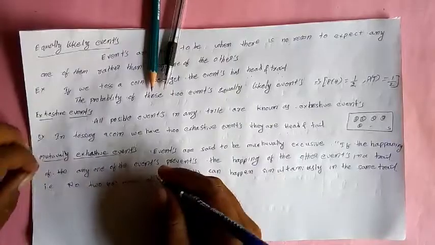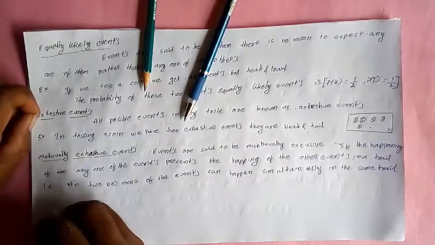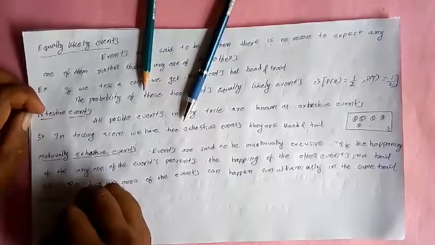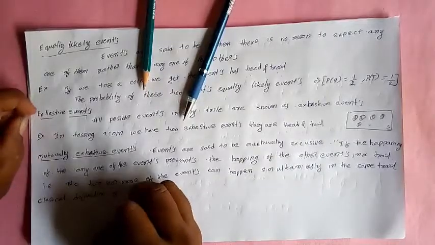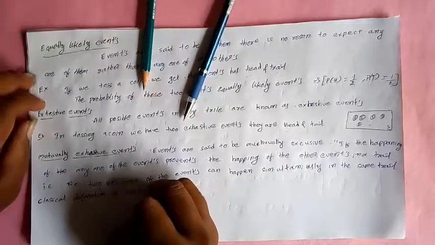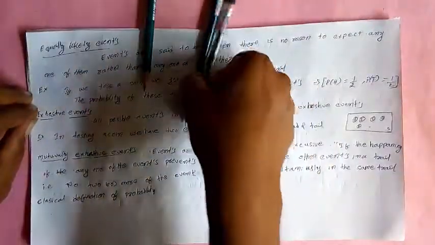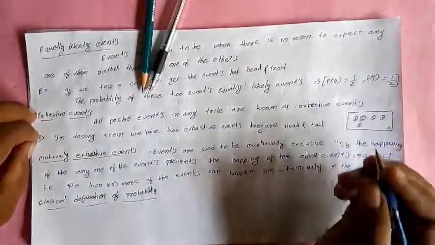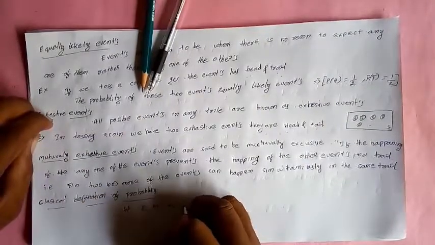Next, we are going to the next definition, the classical definition of probability. Let E be an event of an experiment.